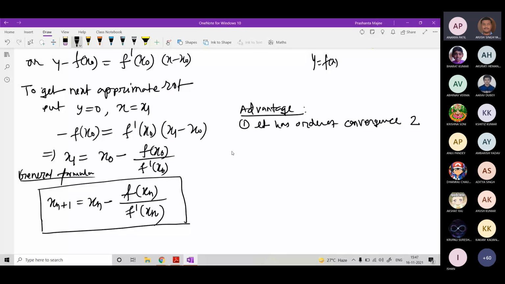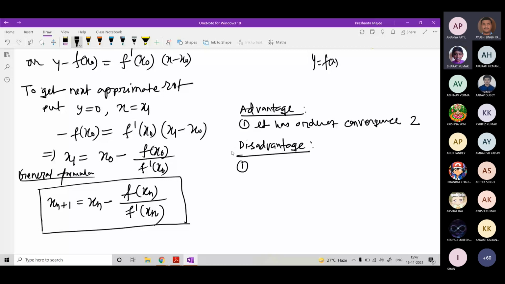And what is the disadvantage? Look at the formula and tell me one or two disadvantages. When will this method fail to converge? Look at the formula and tell me one thing.